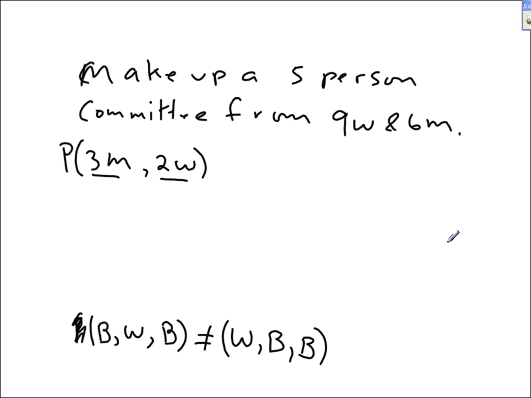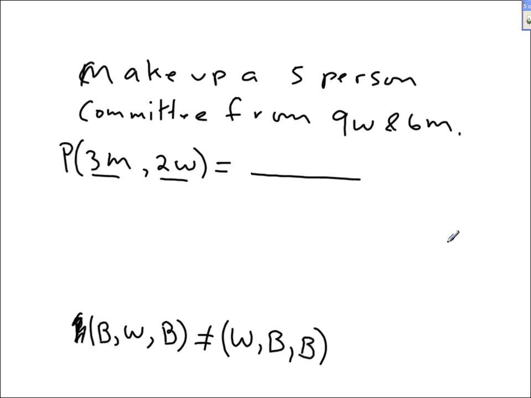The probabilities might be equal, but they're not the same event. Turns out that probabilities were equal.